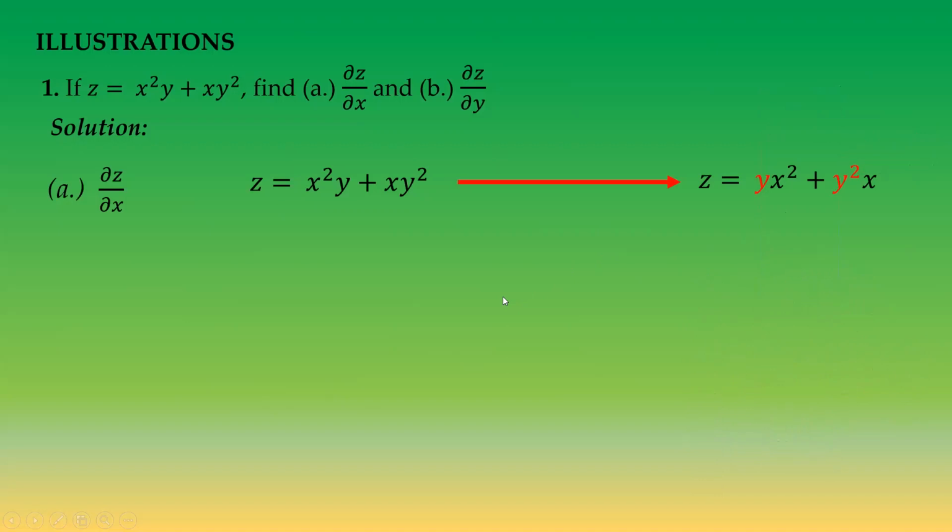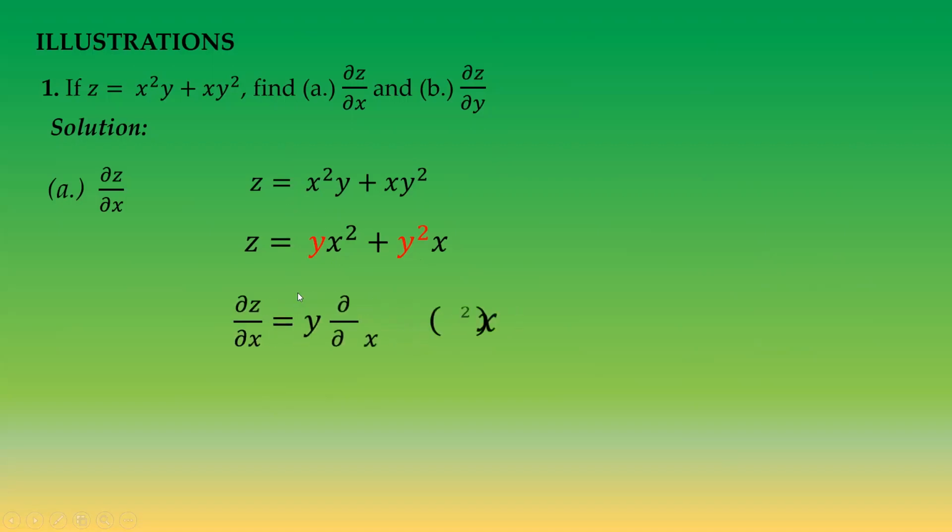So, tuloy natin. Then z is now equal to yx squared plus y squared x. Nire-write ko lang siya. Hinarap ko muna yung y kasi ang y ay constant muna. Now, differentiation. So, differentiate natin. Rewrite yung y constant. Take the derivative of x squared plus y squared x.